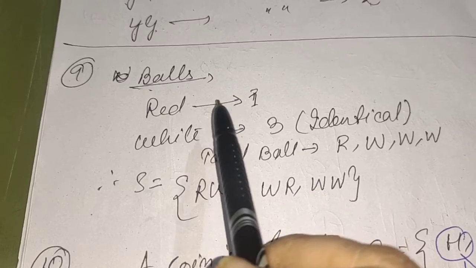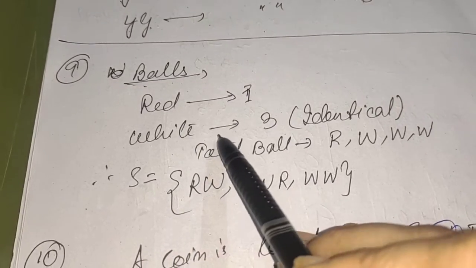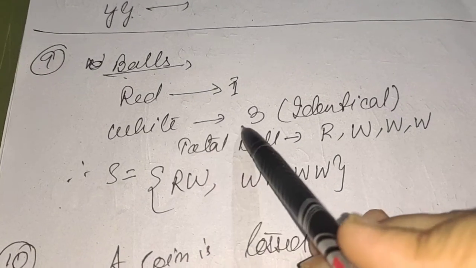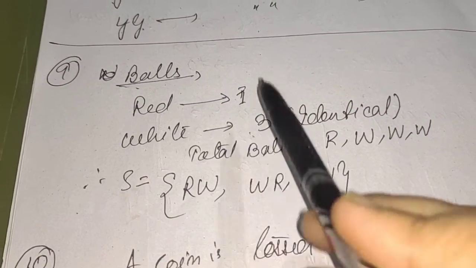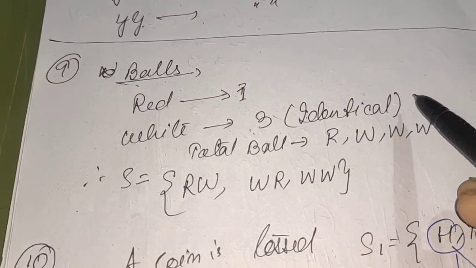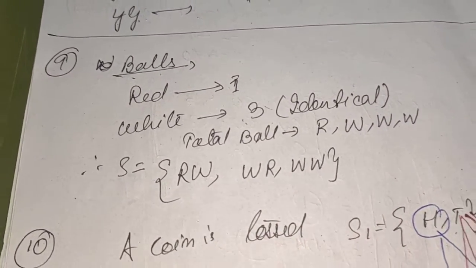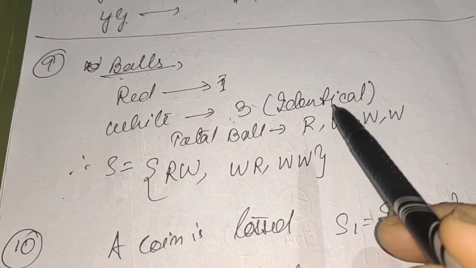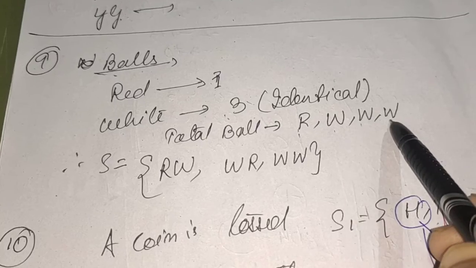In question number 9, it is said that there are altogether 1 red ball and 3 white balls in an urn, and these 3 white balls are identical, the same. What is the total number of balls? Total number of balls will be 1 red ball and 3 identical white balls.